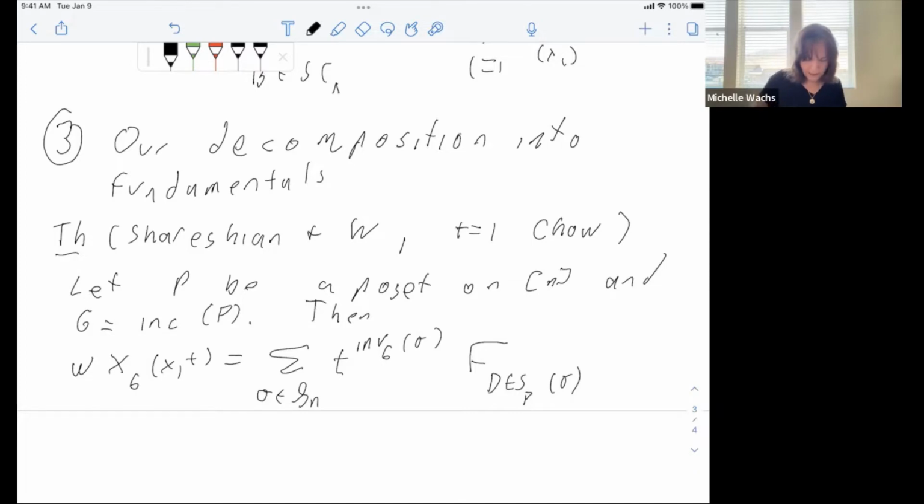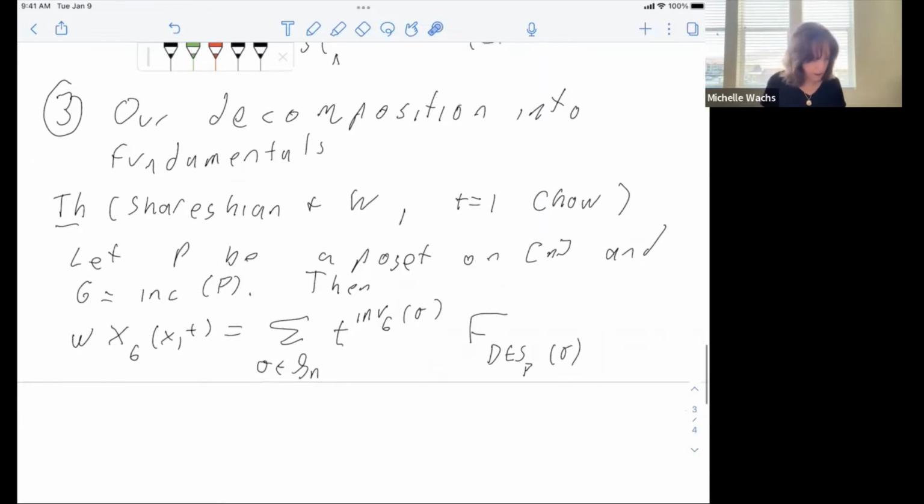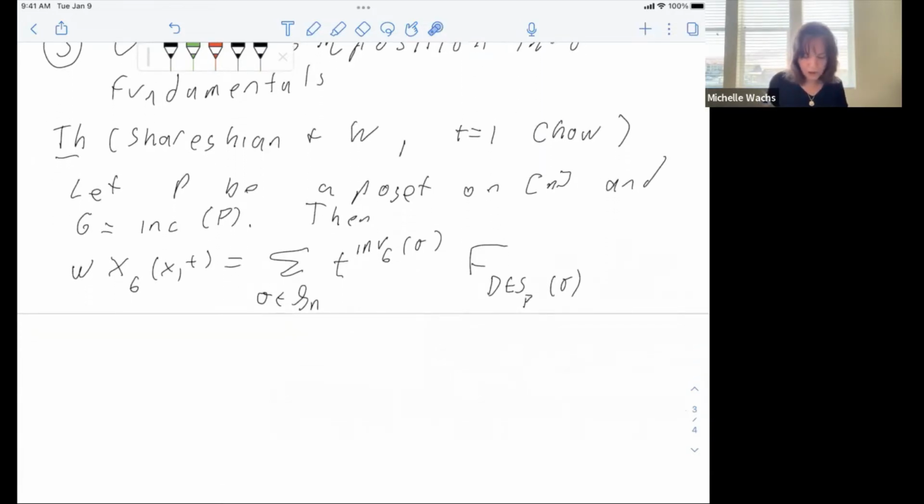We just added this to his result, and our proof is very much the same as his. We didn't have to do anything clever to make his proof work. I'll talk about the proof of this next time. I'll talk about some applications. Right now I'm going to talk about Athanasiadis's application of this, but I'll talk about other applications next time.